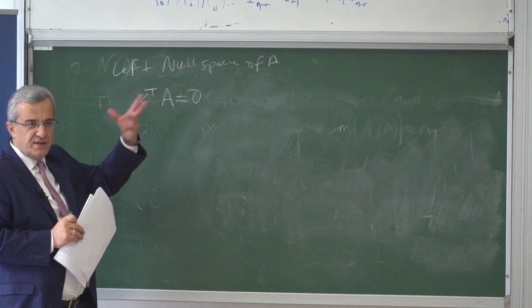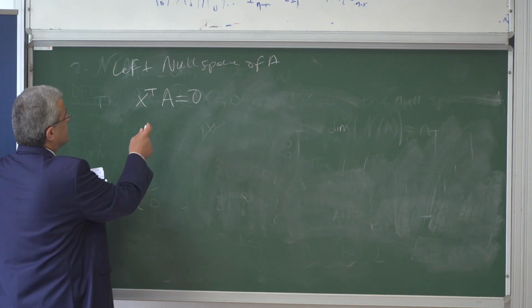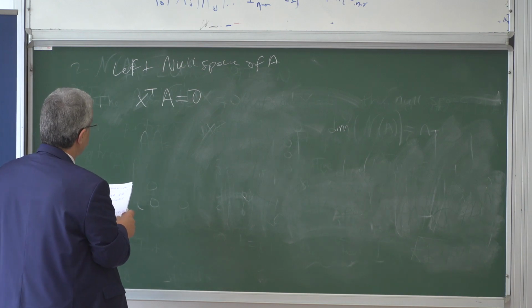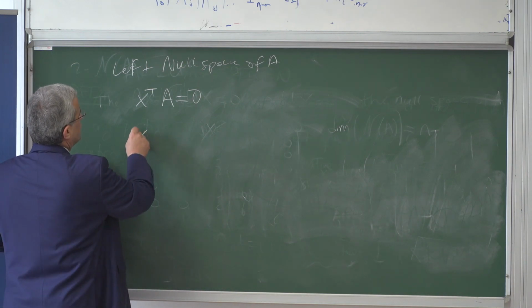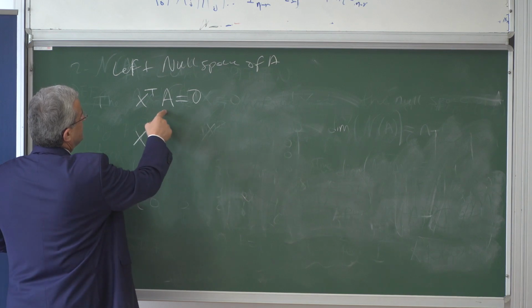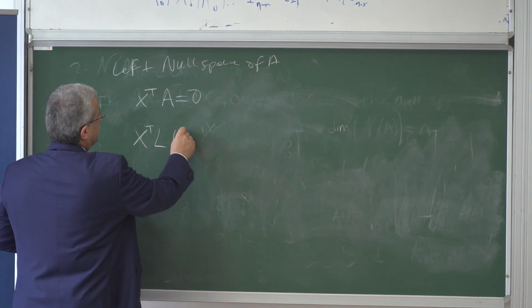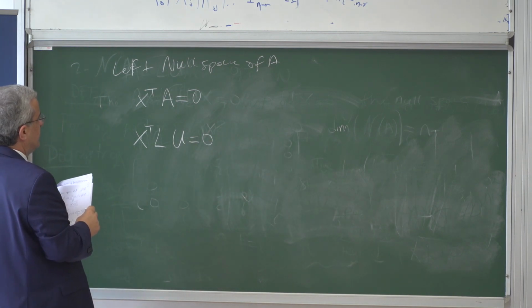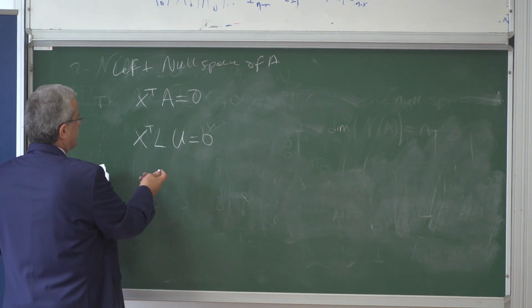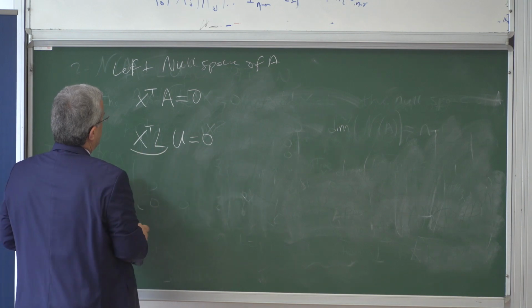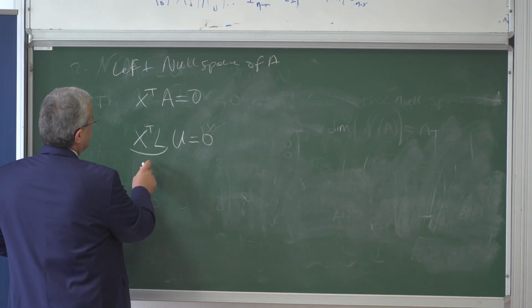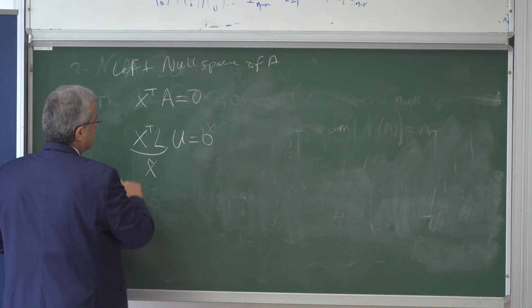And they are the column. And so how do we go about it again? X transpose A, what is A? It is L times U, right? Equal to 0. Okay? So I can just call X transpose L, X hat, right?